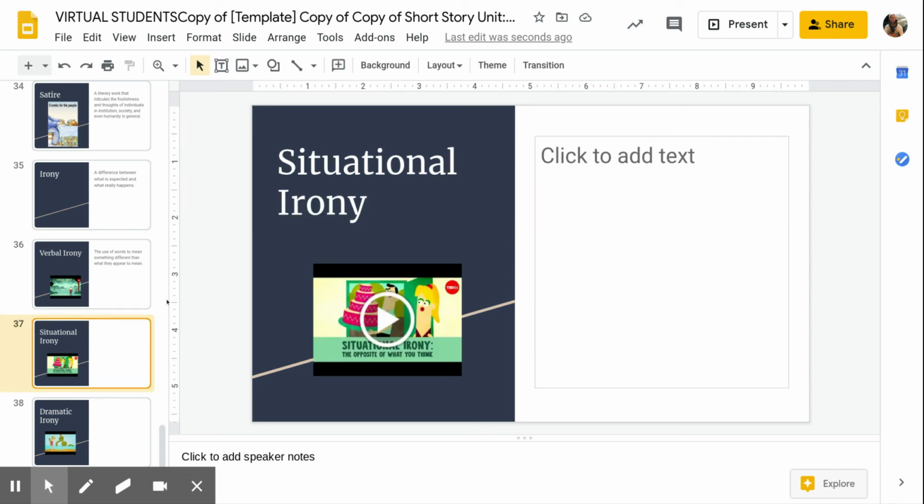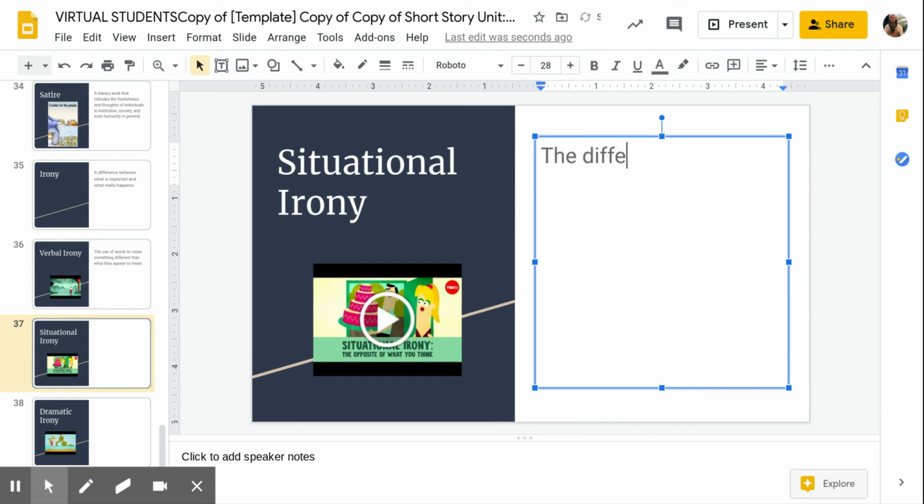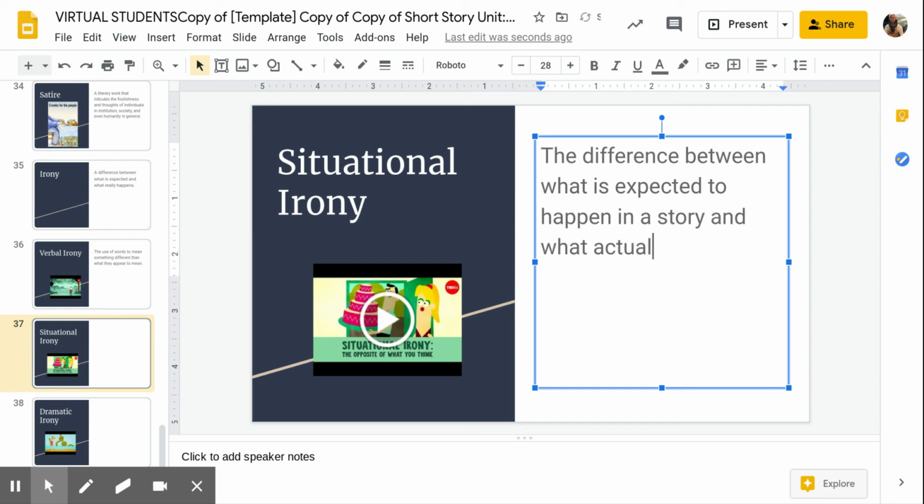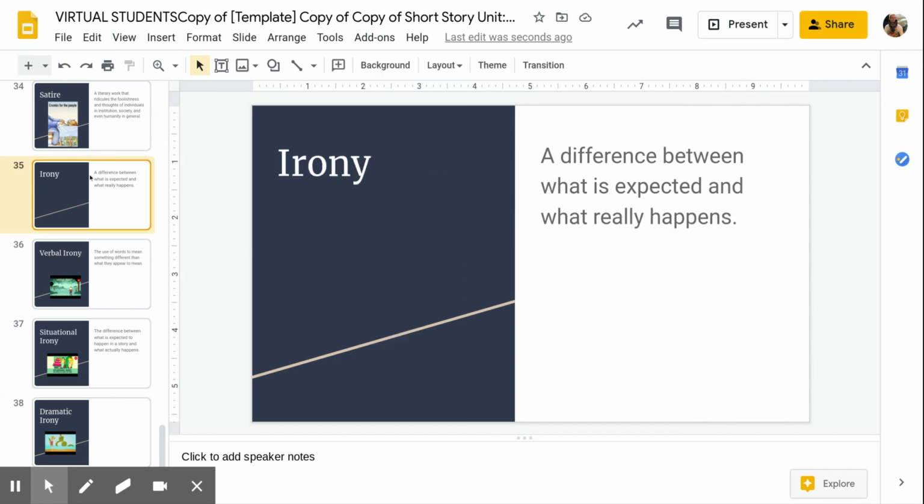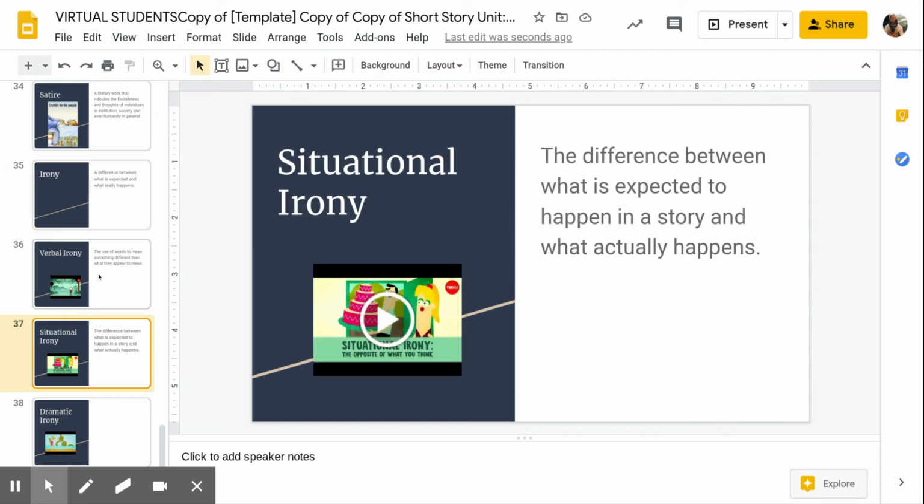Situational irony, on the other hand, is the difference between what is expected to happen in a story and what actually happens. All of these ironies tie together because they all stem from the word irony, which is a difference between what is expected and what really happens.